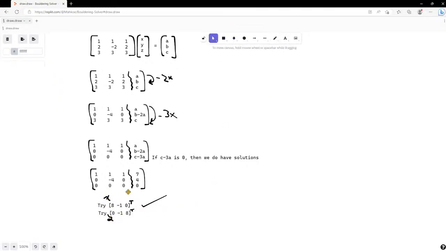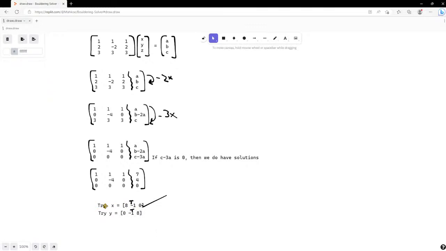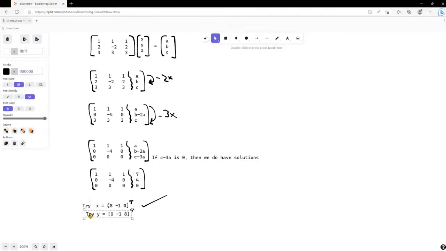So any solution to the original system can be written as x, shoot. Now wait a minute.